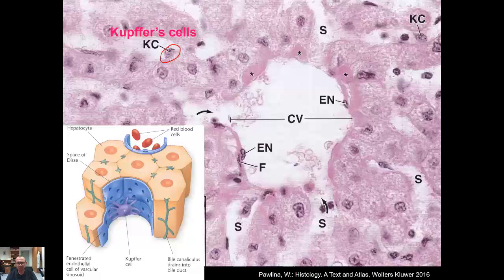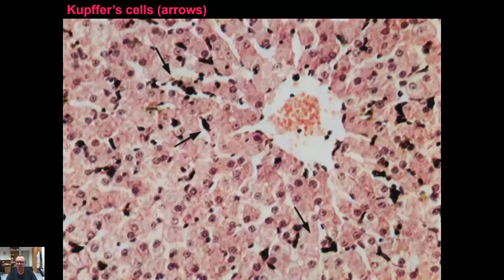Nevertheless, if you look at this schema here, you can see how the Kupffer cell can be situated really directly in the lumen of the fenestrated endothelium of sinusoid.